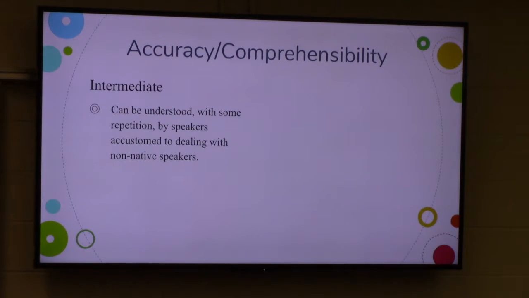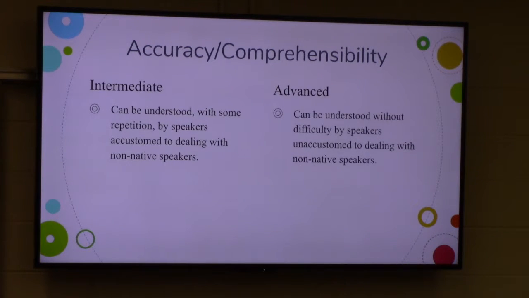We are instructors, we know our students, we know what they've learned, we know their vocabulary, we know their structures. So whenever they make mistakes, probably we can understand them, right? And the criteria for an advanced speaker is that when they speak, a native speaker can understand them without any difficulty. So quite different, right?